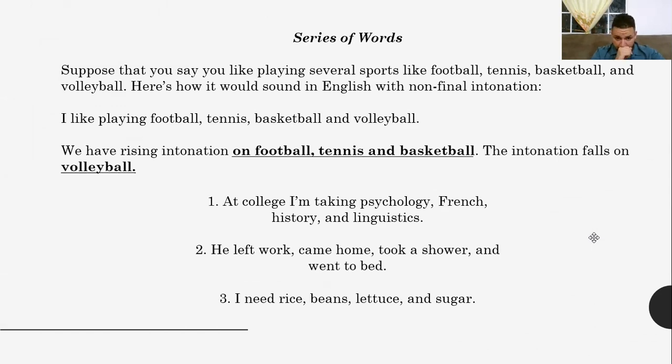Let's do the other examples. At college, I'm taking psychology, French, history, and linguistics. He left work. He came home, took a shower, and went to bed. I need rice, beans, lettuce, and sugar. It starts with a high intensity and goes down.